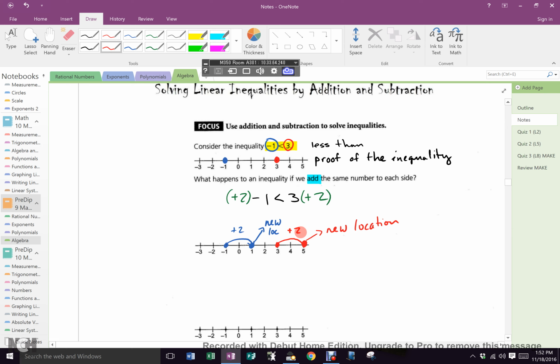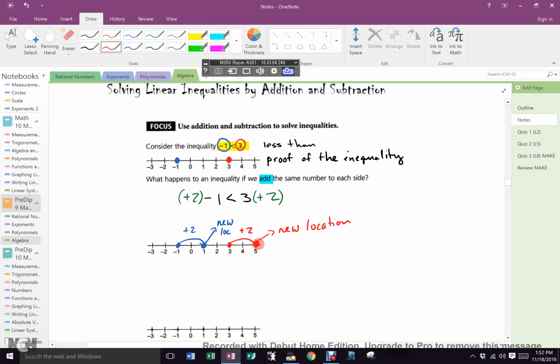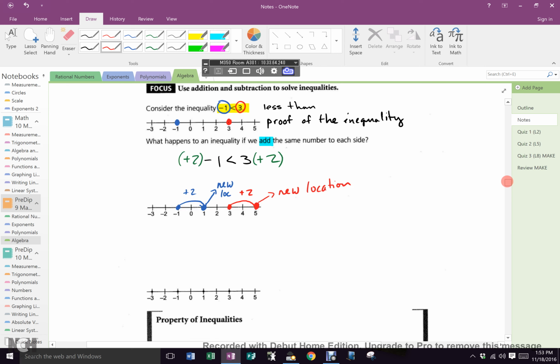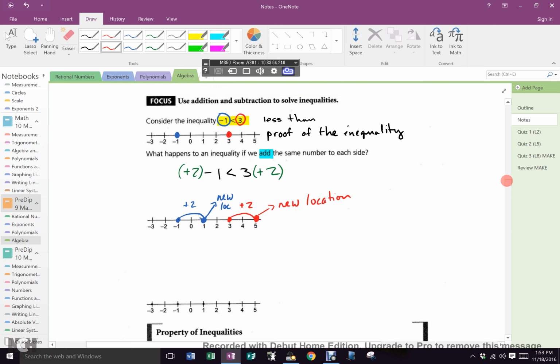Correct? What do you see is the case? Is the new dot and the old dot still following the original inequality? Yes. So what does that tell us? Stop. Think.